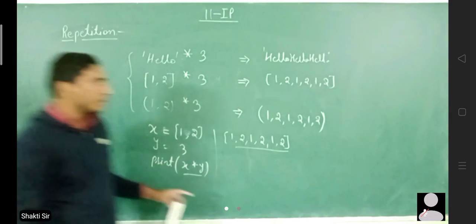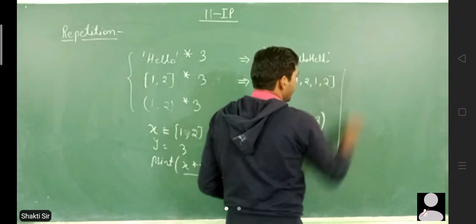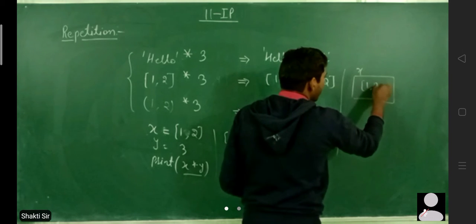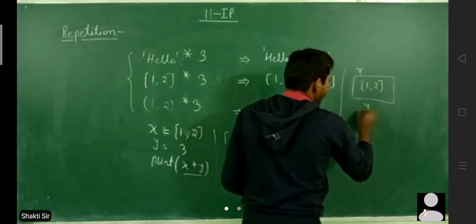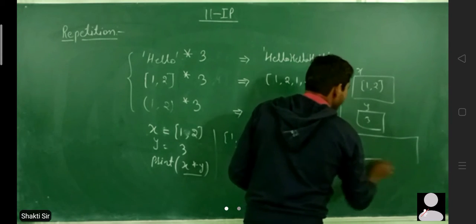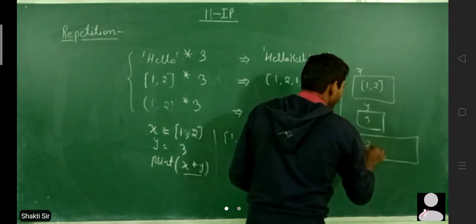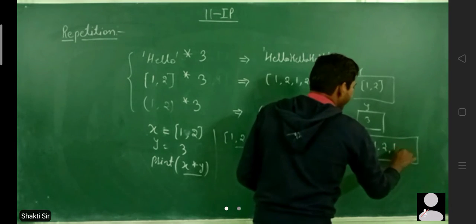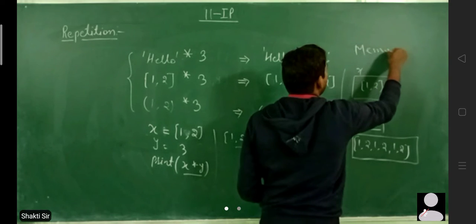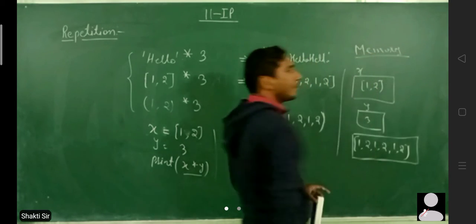Or you can see it like this: this is my x, that is 1 comma 2, and this is my y, which is 3, and somewhere in the memory I will have a list like this: 1 comma 2, 1 comma 2, and then 1 comma 2. This is my memory; memory means random access memory for now.